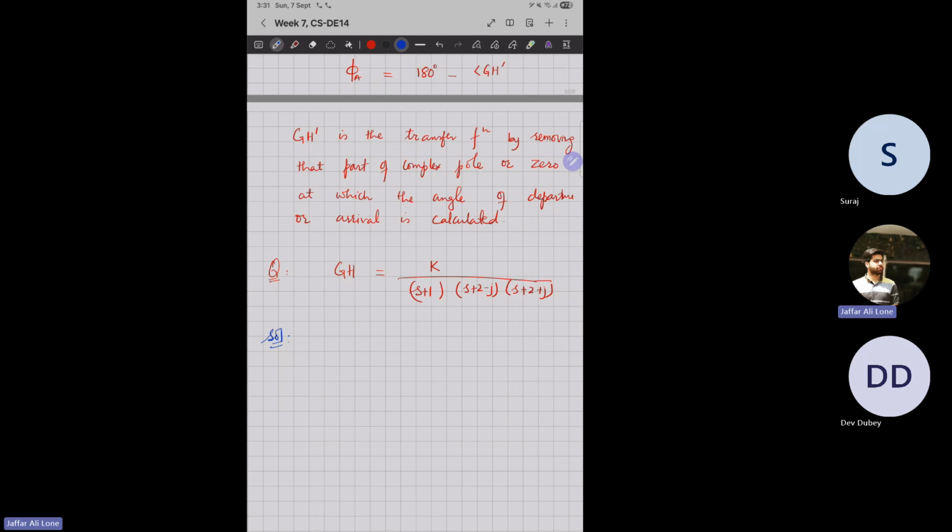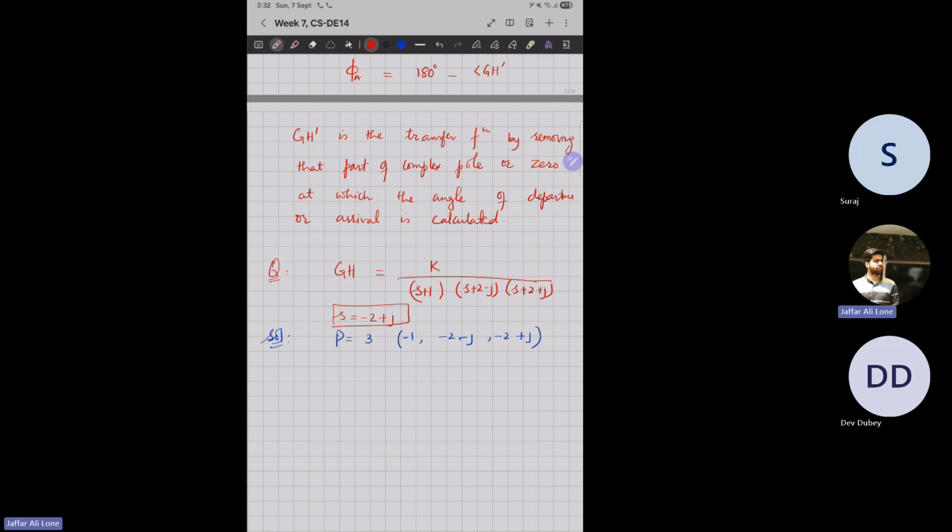So we will find that. There are three poles: -1, -2 minus j, and -2 plus j. We have to find the angle of departure for the complex pole s equal to -2 plus j.